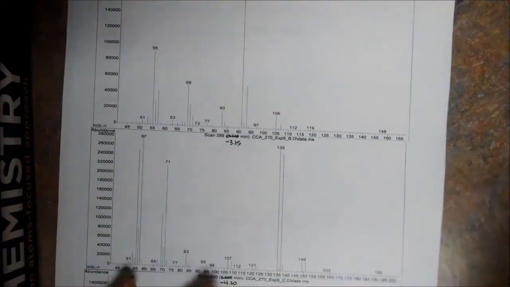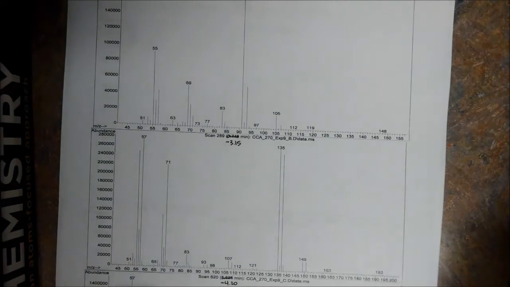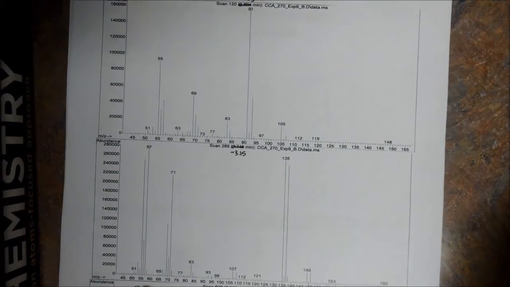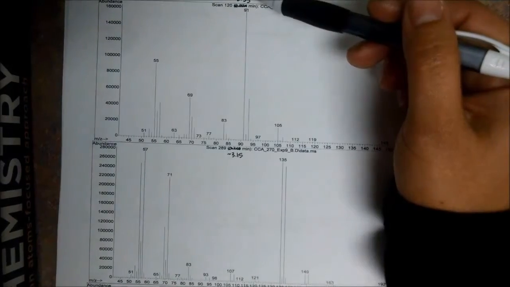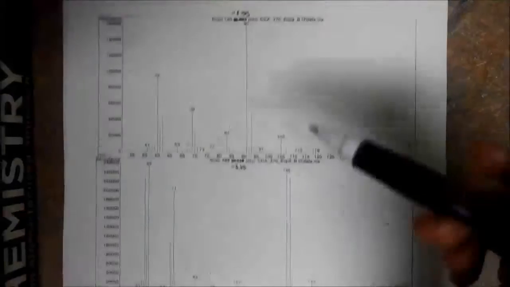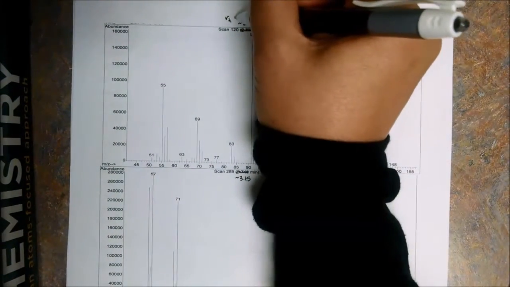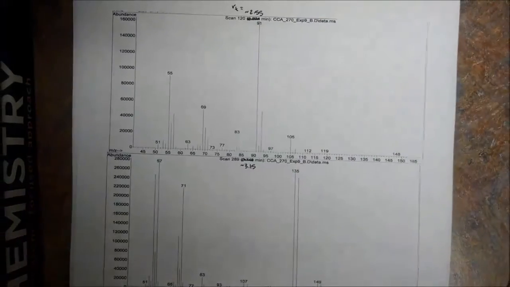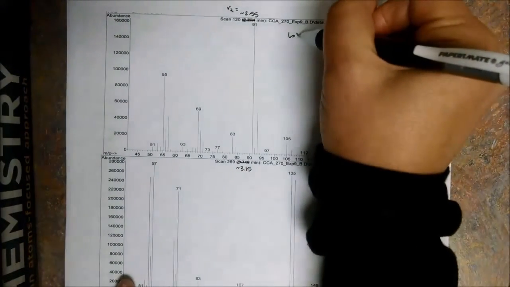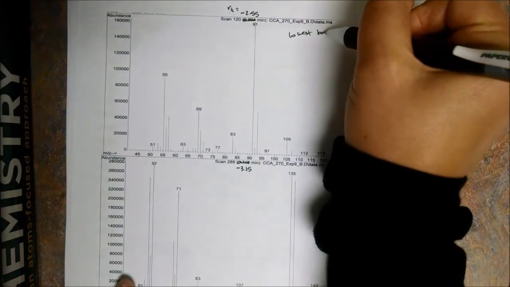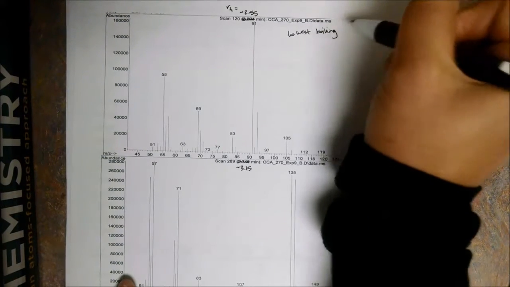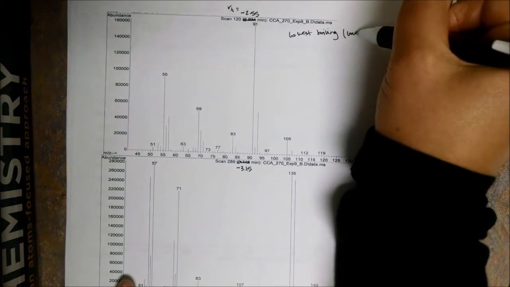But before we even look at the ions, we could actually determine this based on the boiling point. Okay? Because if we have a shorter retention time, this corresponds to the retention time, is what I've written up here. Okay? This guy has the shortest retention time. And so it's going to be the lowest boiling. Okay, lowest BP.